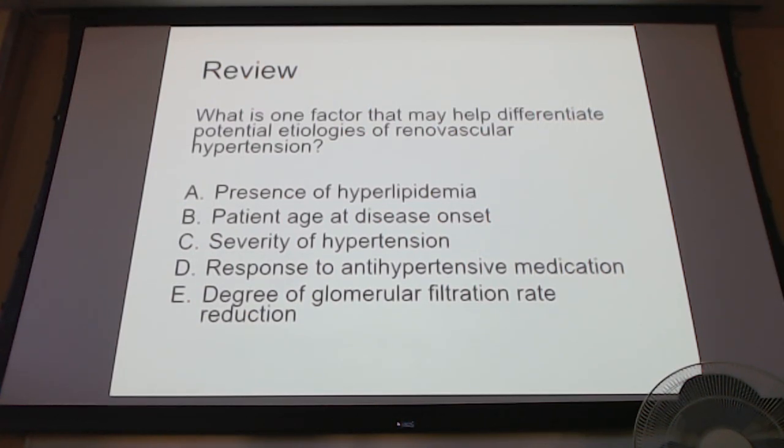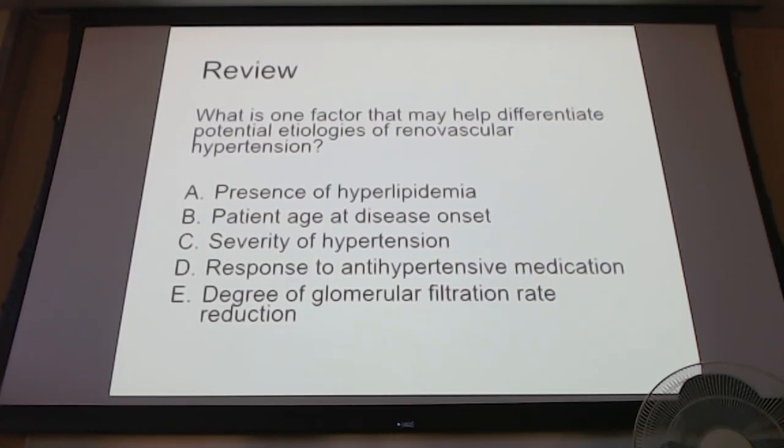The severity of a hypertension doesn't tell you which one it is. They can both be equally as bad. And response to antihypertensive medication isn't going to tell you the difference necessarily, because you can have multi-drug resistant hypertension in atherosclerotic renovascular disease.